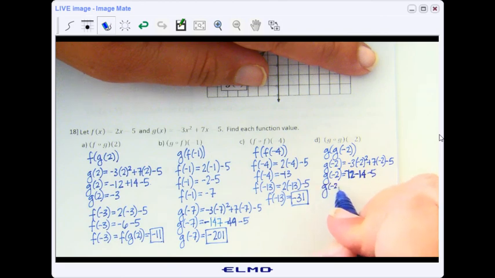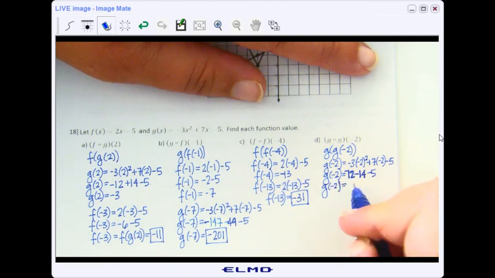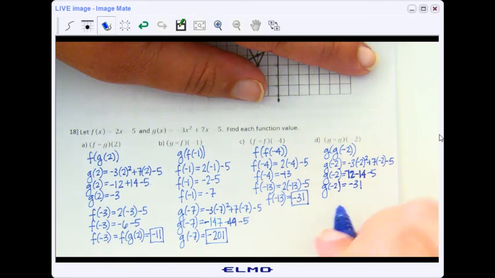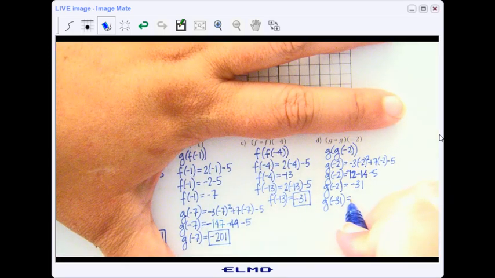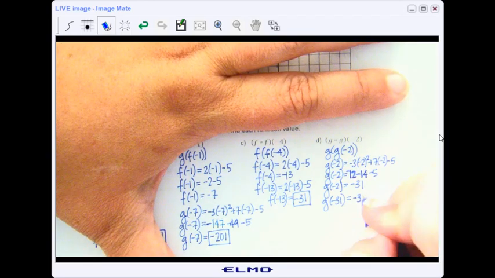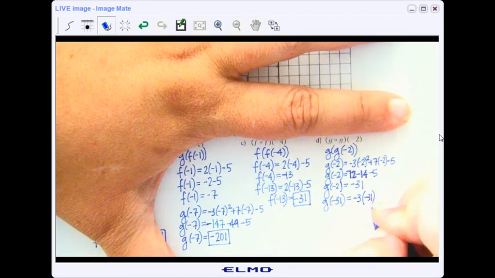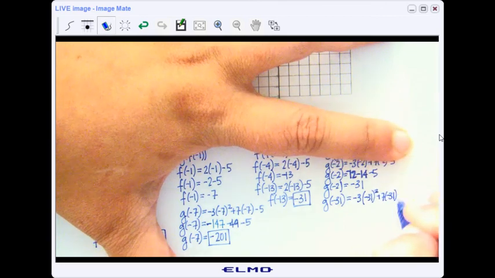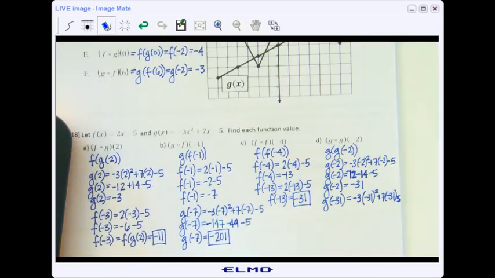G of negative 2 is negative 31. So now I'm finding g of negative 31. So this will be negative 3 times negative 31 squared plus 7 times negative 31 minus 5. And this gives me g of negative 31 is negative 3,105.